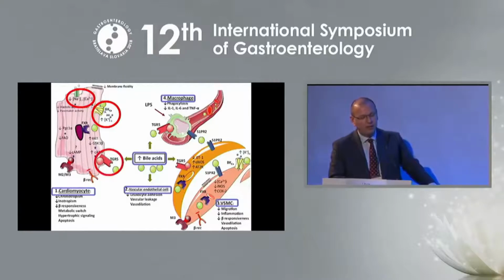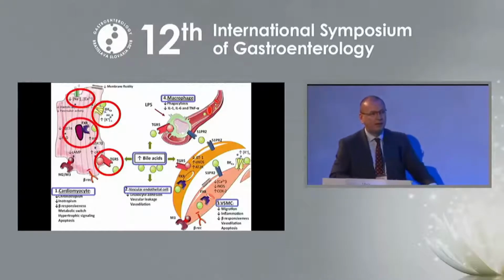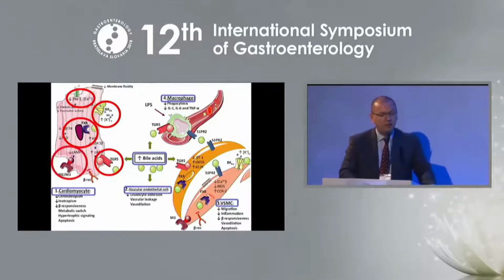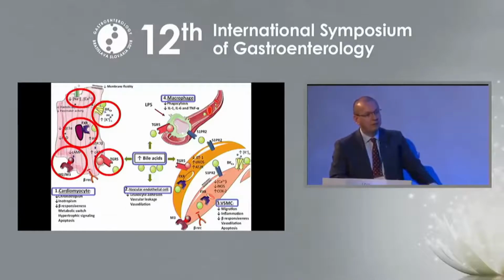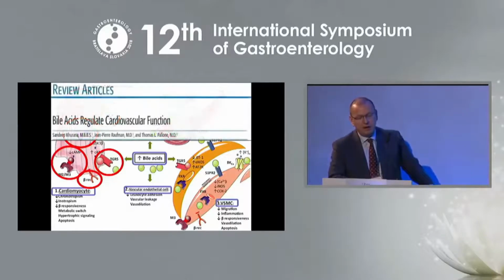They can influence TGR5. Note that this receptor is also present on the cardiomyocyte cell membrane. They can influence FXR. Again, FXR is present in cardiomyocytes. They can influence muscarinic receptors, a rather surprising fact. They can also influence adrenergic receptors, such as beta adrenergic receptors.